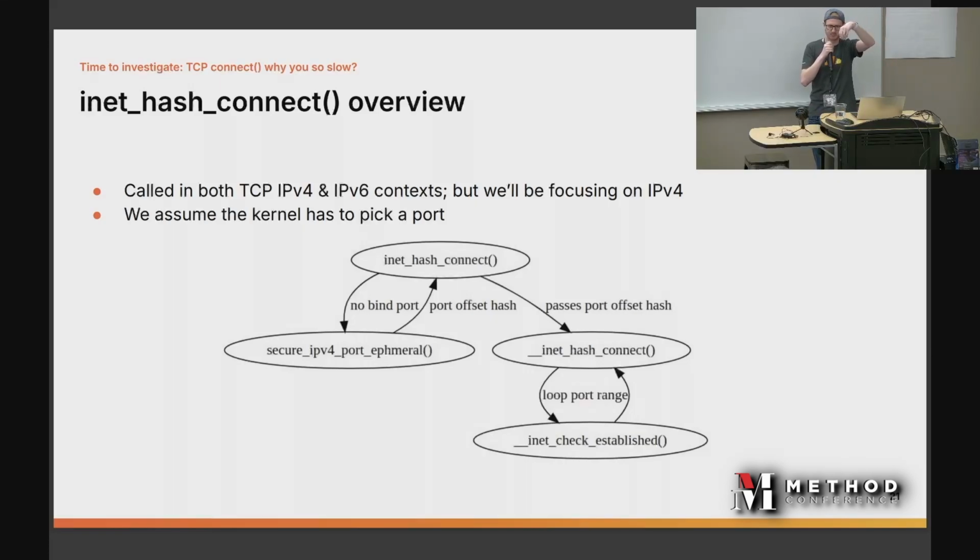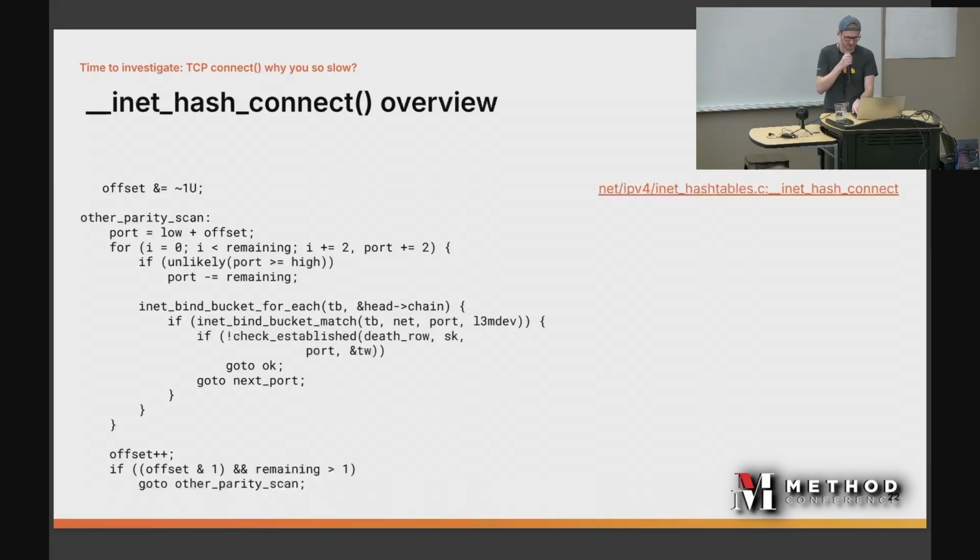If the next port in the loop is already taken, we're not going to move further with that. We're going to go to the next one, and that's what inet_check_established does. It's the unique check on your ports, like what sockets can we allow you to open and use. And this is what it looks like in code. This is just a small snippet of it, and this is exactly what we're going to be focusing on.